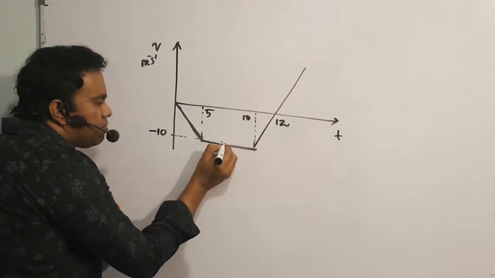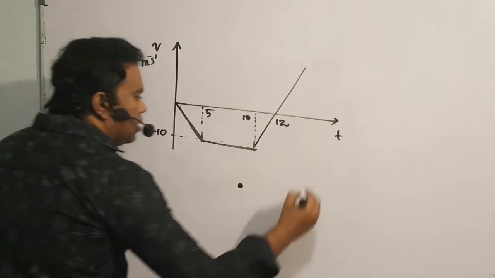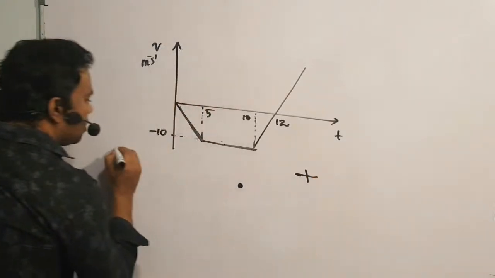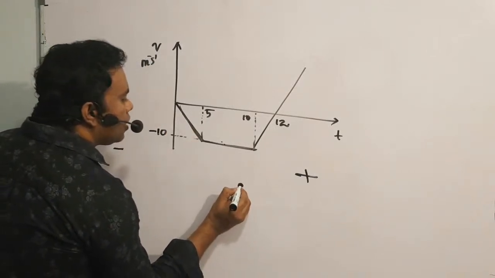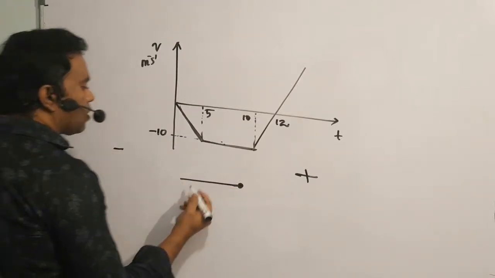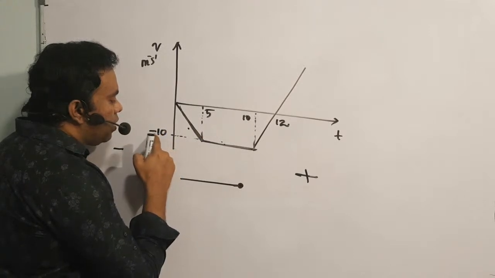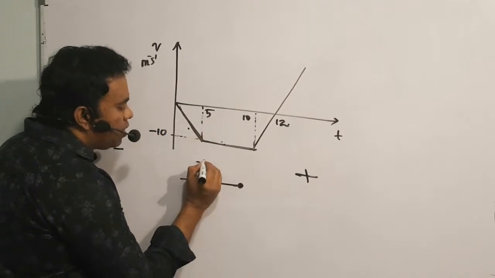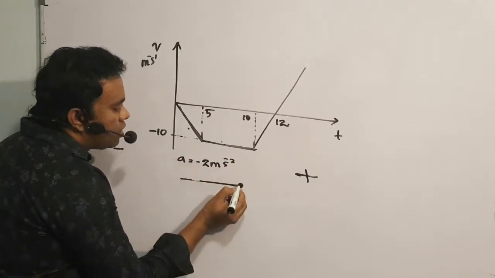What's the meaning of this? If the starting point is here, this is the positive direction and this is the negative direction. This object has moved in the negative direction with increasing velocity, at an acceleration of minus 10 upon 5, that's minus 2 meters per square second.